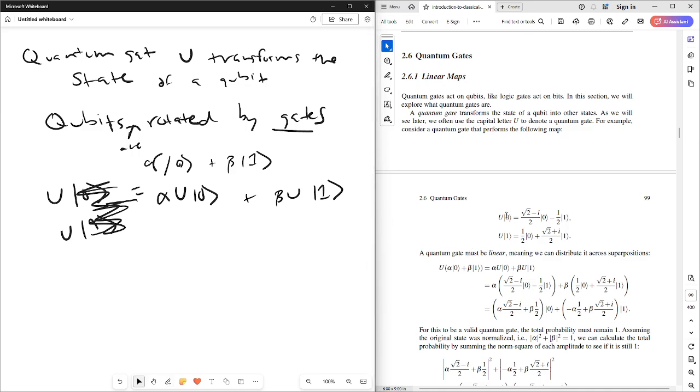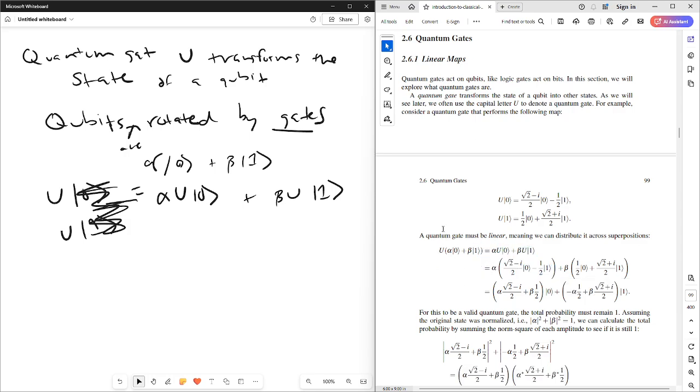So if the effect of U on state 0 is that it creates this superposition, then that's what we wind up with, right? And factoring in also the previous amplitude. So gates rotate qubits into different positions, affecting the amplitudes. Unless you're the identity gate, in which you don't change anything. We'll get there in a second.